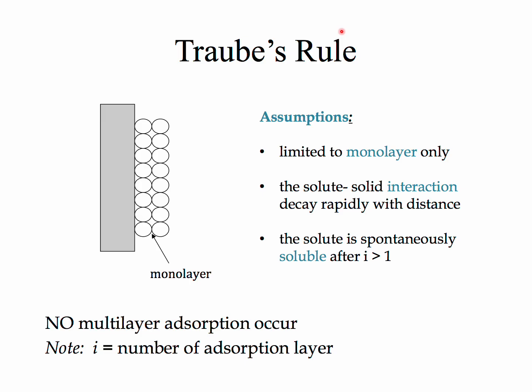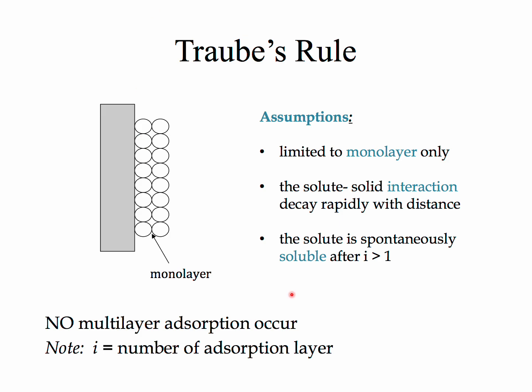The second assumption is that the interaction between the solute and the solid surface decreases rapidly with distance. In other words, only molecules that are very close to the surface will experience strong attraction and be absorbed.